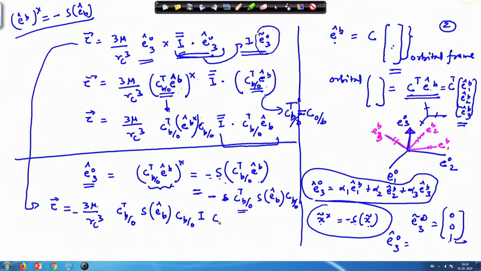So, if we convert this, this will be C transpose B slash O times E tilde O, and this 3 we need to put, because unless we put this 3 the meaning will not be apparent. Only through this 3 it implies that this is 0 0 1, otherwise it will be something different.